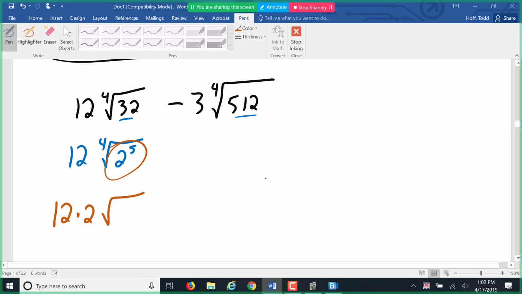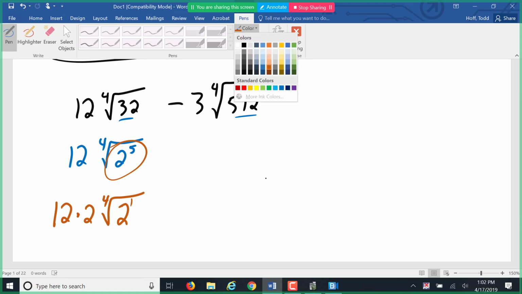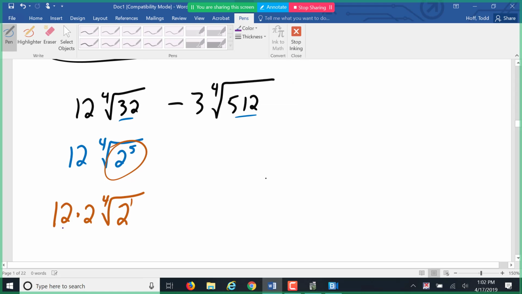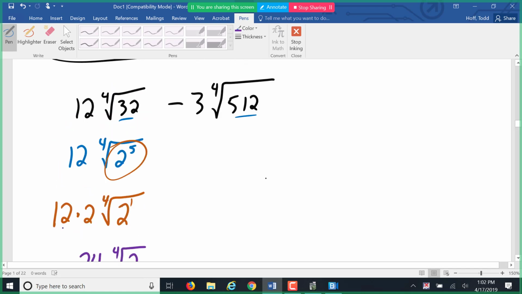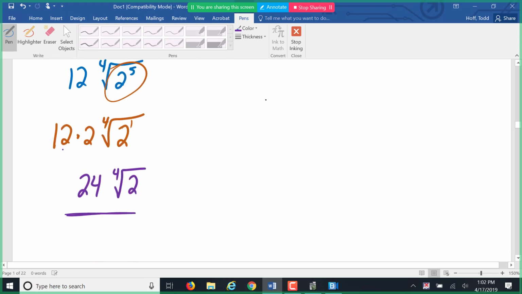What's left inside that fourth root? Yeah, 2 to the 1 or just 2, right? So I pulled out the 2. So that's 12 times 2 is 24 times the fourth root of 2. So the 12 times the fourth root of 32 becomes 24 times the fourth root of 2.